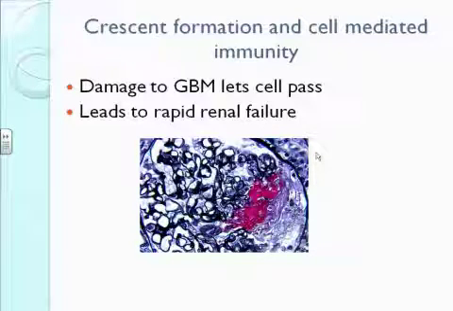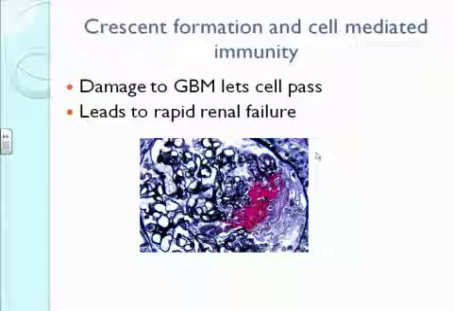Now, the worst case scenario is to get what's called crescent formation. Crescent formation is indicative that your glomerular membrane has been so damaged that now the neutrophils have extruded through and now are in the urine side. Okay, so you imagine now the neutrophils that normally would stay in the blood vessel now have had a big enough hole that they can actually extrude themselves through the wall and now form on the outside.